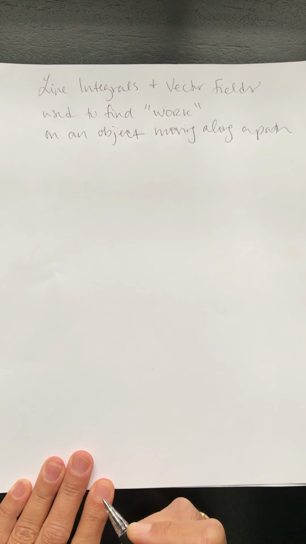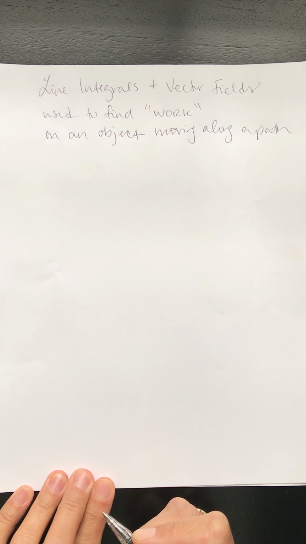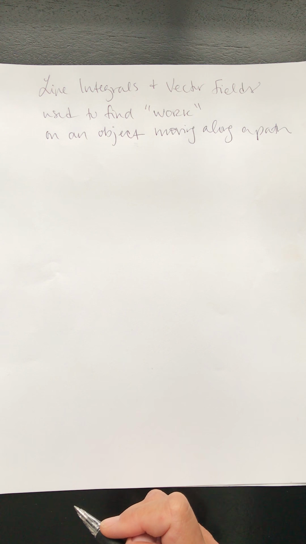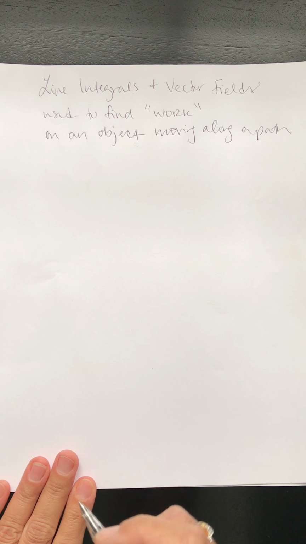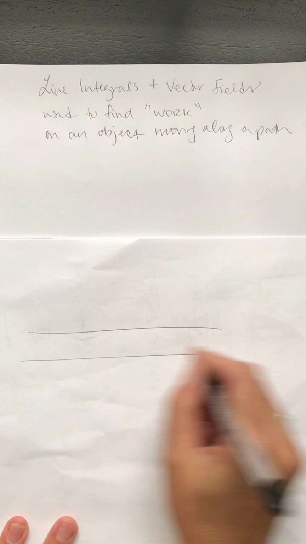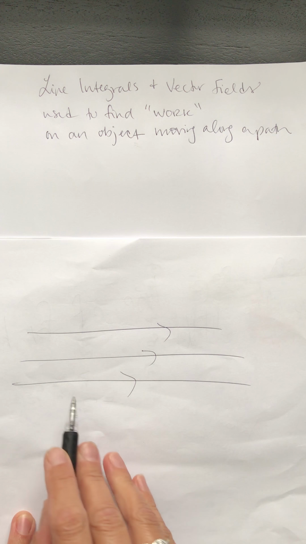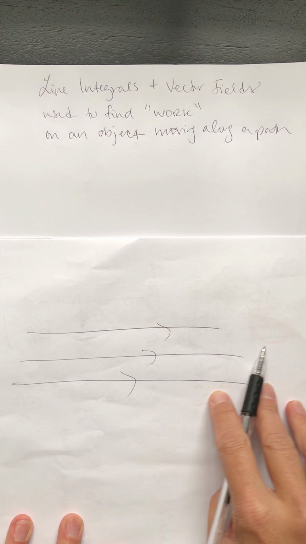So if you have an object in a field, the work done by the force only matters when that force is either in the same direction that the object is moving or in the opposite direction. The best way to think of this is if you have a river flowing this way and you want to swim with the current, the force is moving in the same direction as you.